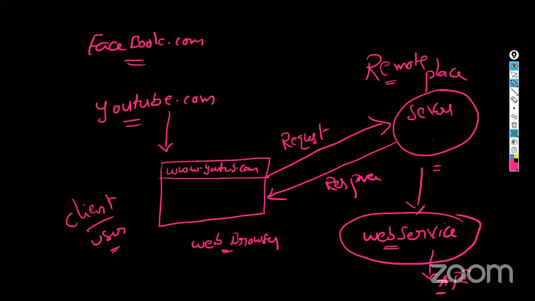For example, if you want to open Facebook, you have to open www.facebook.com. That is one web service. If you want to open the YouTube website, www.youtube.com, you can call that a web service. By using this web service, we can pick the data from the remote server to your machine. So API is nothing but one of the web services.